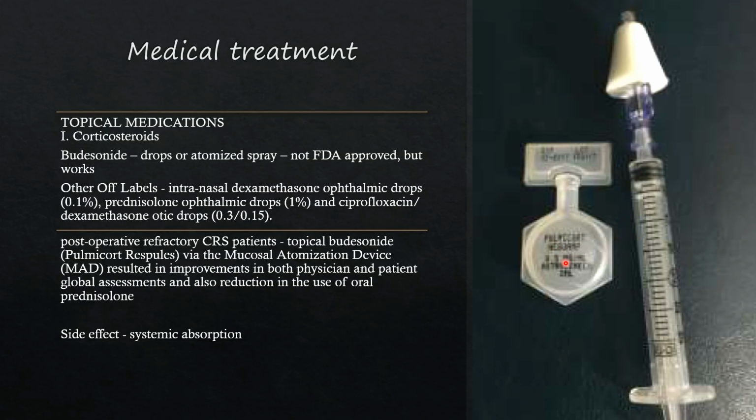This is not FDA approved, but it is being used and it is giving people benefits. The side effect is just that we don't know the systemic absorption. Although they have done trials for HPA axis suppression due to these drugs, and they have found that it doesn't cause much HPA axis suppression.